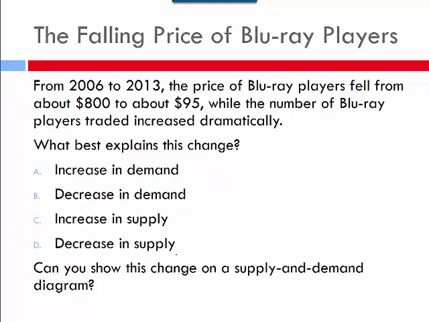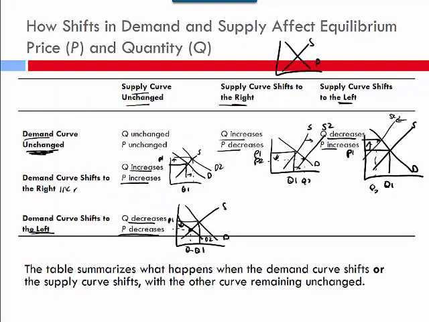From 2006 to 2013, the price of Blu-ray players fell from $800 to about $95, while the number of Blu-ray players traded increased dramatically. What best explains this? So what we see is a drop in price and an increase in the quantity. So if we go back here, where are we going to see a decrease in price and an increase in quantity?